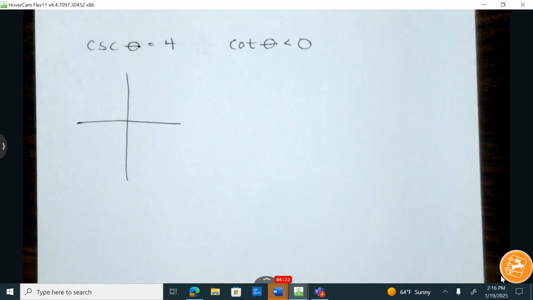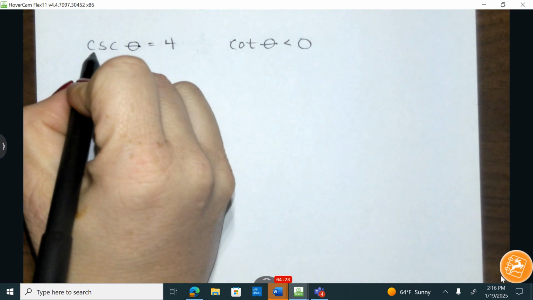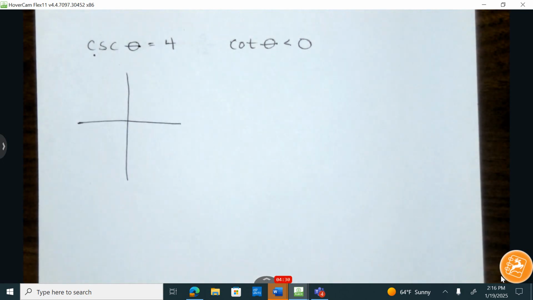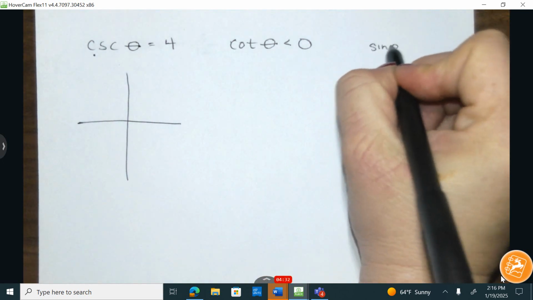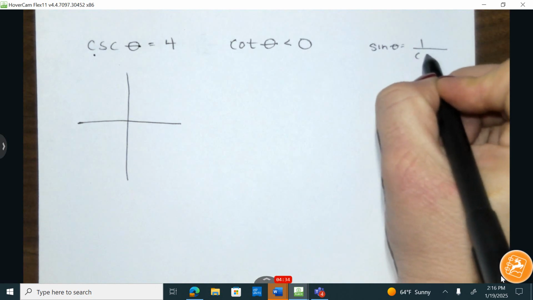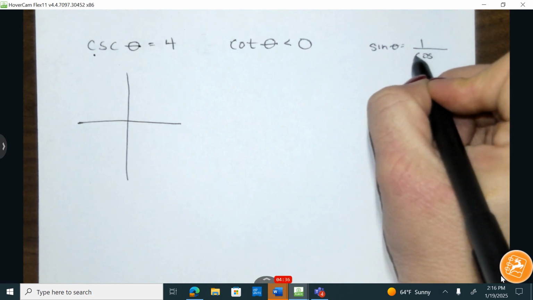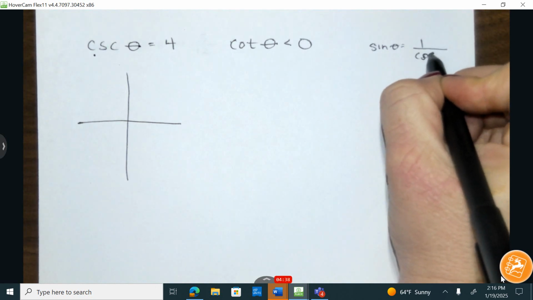Example number 2. The cosecant is 4. Now, in my mind, I know that cosecant and sine have a relationship. I know that the sine of an angle is equivalent to its reciprocal, the cosecant. Sorry, I wrote that down wrong. There we go.